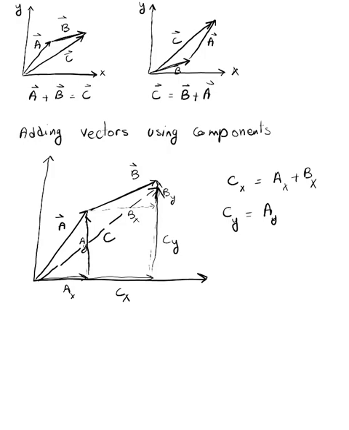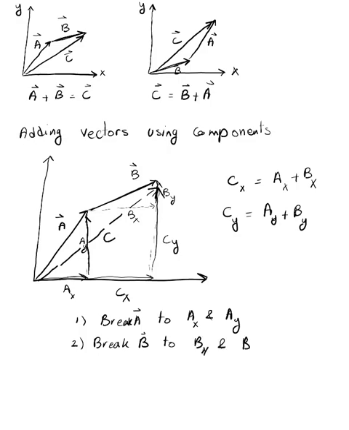So step one, you break A into Ax and Ay, meaning you find the components of A, and then you find the components of B, Bx and By.